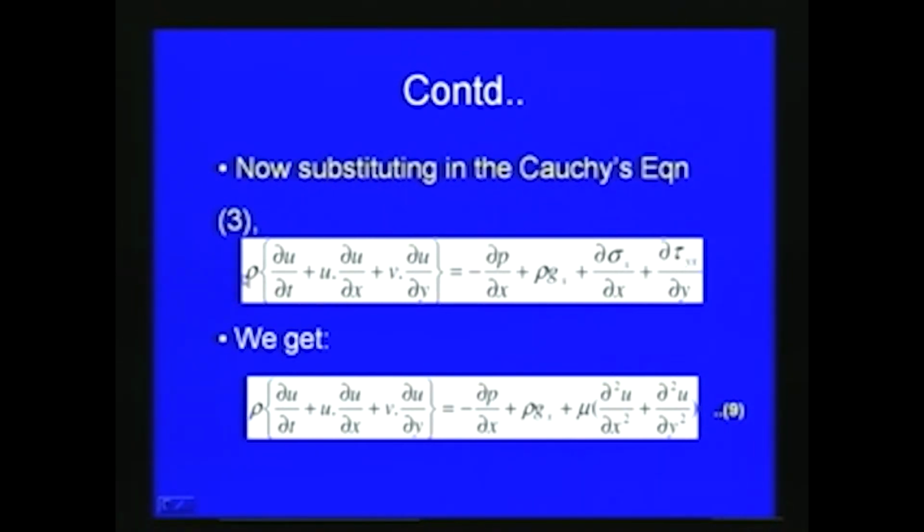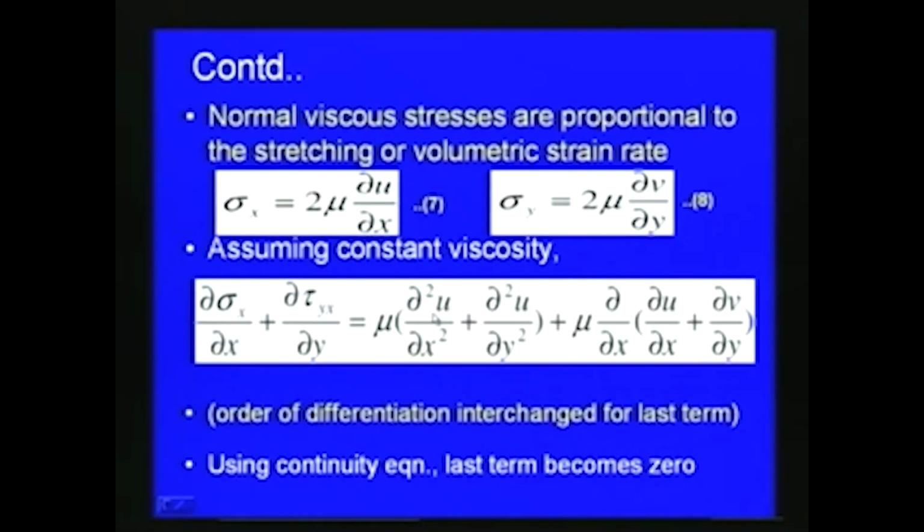Now we can use these approximations in Cauchy's equation given here: ρ(∂u/∂t plus u ∂u/∂x plus v ∂u/∂y) equals minus ∂p/∂x plus ρgx plus ∂σx/∂x plus ∂τyx/∂y. Here for these terms we substitute from the earlier approximation.